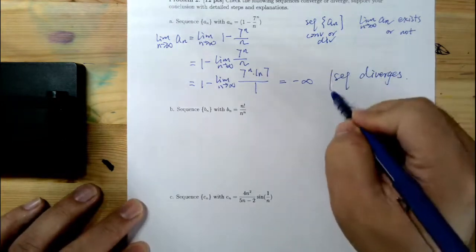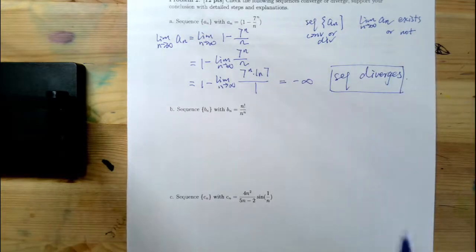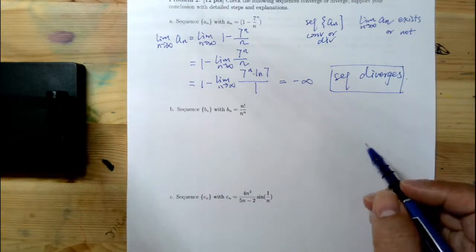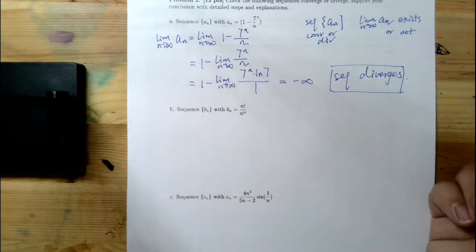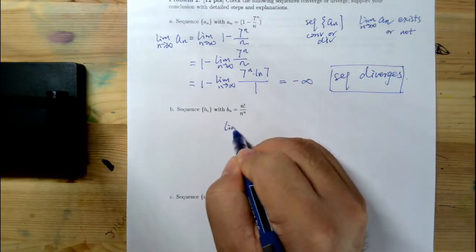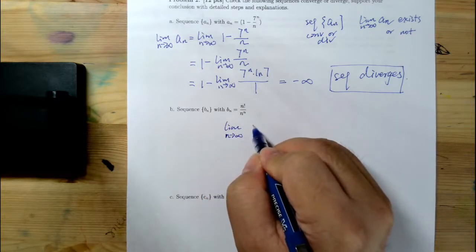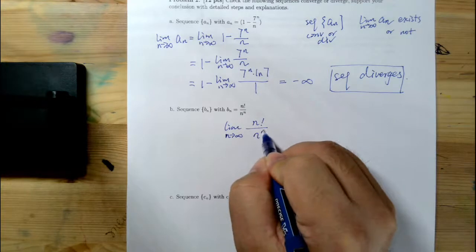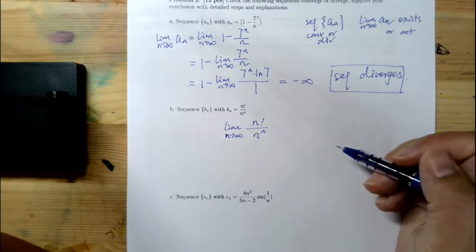Look at the second one. b_n equals n factorial over n to the power of n, and we need to verify whether it converges.